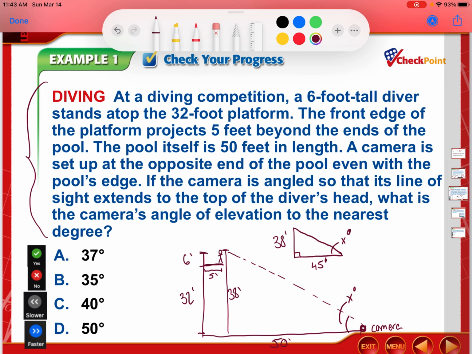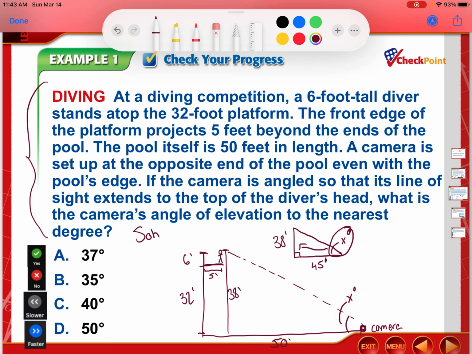So I'm going to want to use whatever sine, cosine, or tangent fits for this angle. I'm trying to solve for this angle X, and I have the opposite and the adjacent sides.